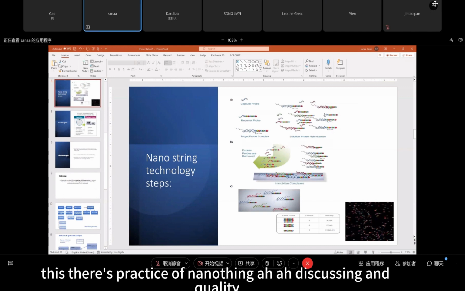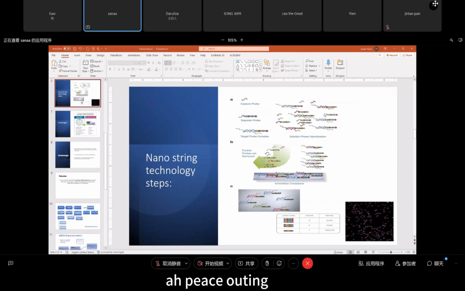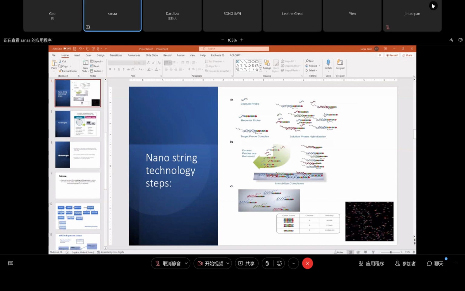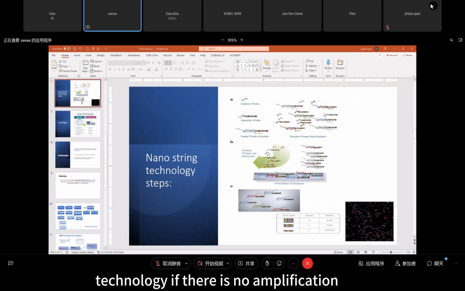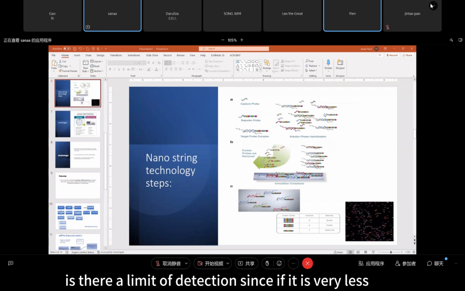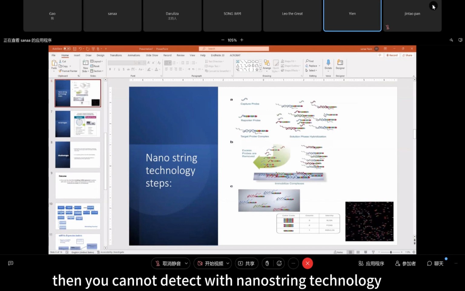There is no amplification, no enzymatic reaction going on inside the sample in this technology. If there is no amplification, is there a limit of detection? Yes, if the amount is very low, then you cannot detect it with nanostring technology.